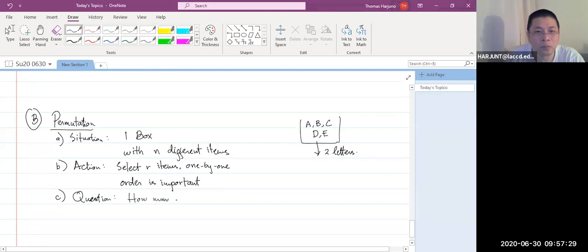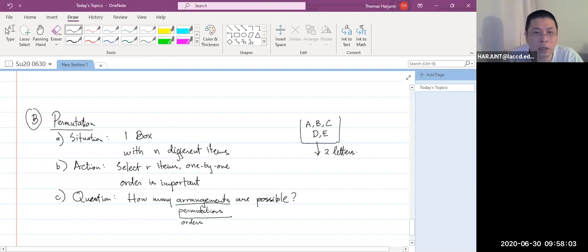The word arrangement implies the arrangement is important, implies the order is important. Sometimes they also use the words how many permutations are possible, or how many orders are possible.